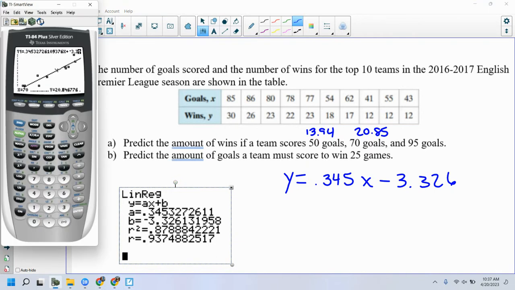95 goals. Now I'm going to do this one. Second calculate value of 95. What do we got to do? Zoom out, right. That's just saying that 95 is not in my window. You could either zoom out or just manually change your window. I'm just going to hit zoom out. Zoom 3. Enter.